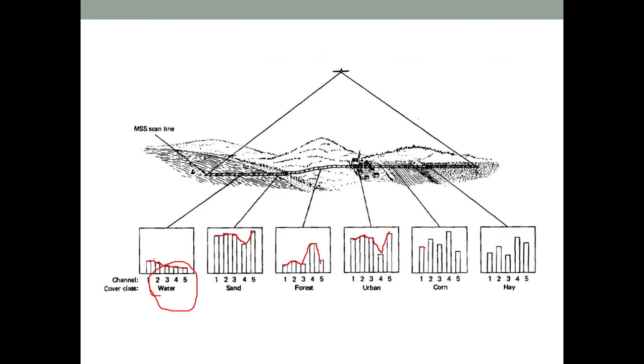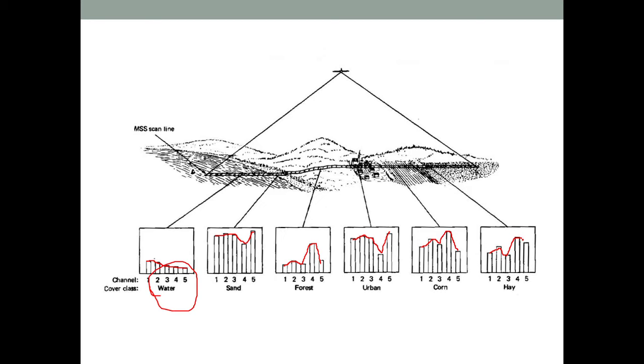Okay, corn, this is vegetation. Because of the nature of plantation, they have some soil exposure, so they have a higher reflectance as compared to the forest. And hay as well, right?